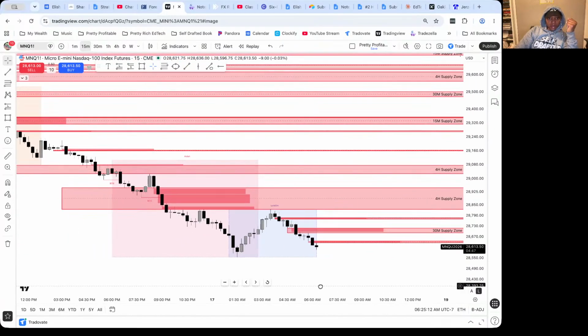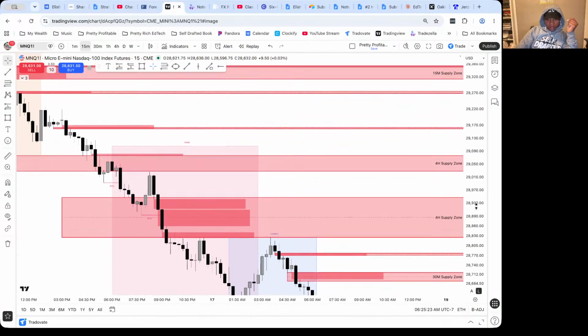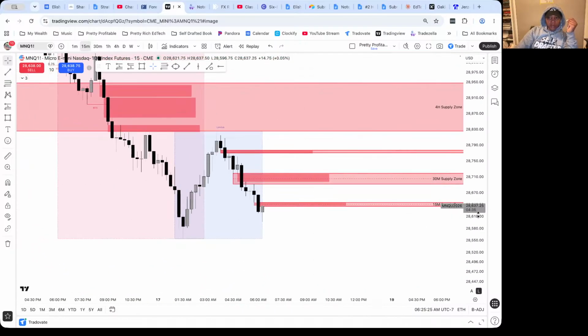So based off what we see, Asian session was in a downtrend for the most part. London session has been up and down. But we're going to set the high and the low currently.